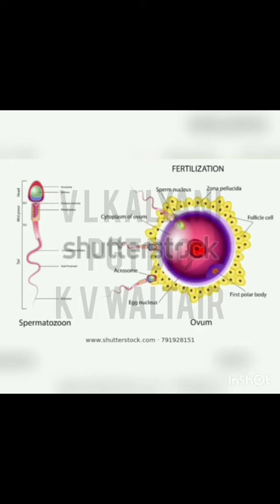Chemical changes take place in the membrane, which prevent the entry of more sperms. So only one sperm can penetrate into the egg because of the chemical changes in the zona pellucida membrane. That you have to remember.